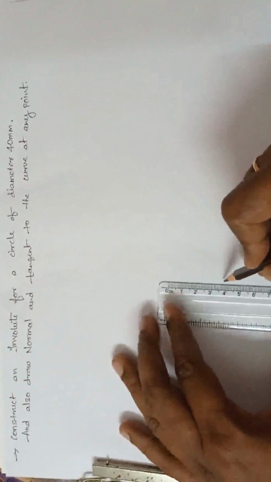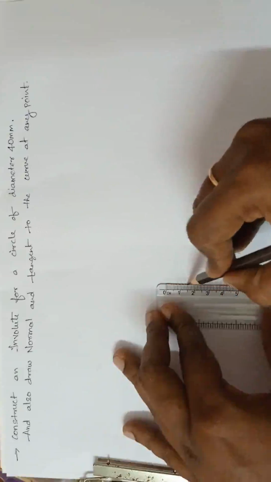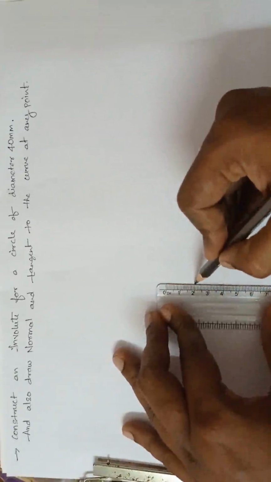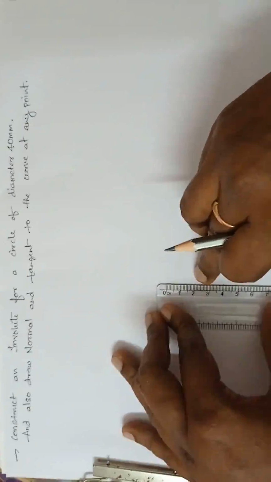So what I'm doing is, I'll mark here a point O. Now, first I will draw the diameter. How much is this? 40. He said 40. I'll draw a line and mark the center. Center radius 20. This is the line 40 and center 20.